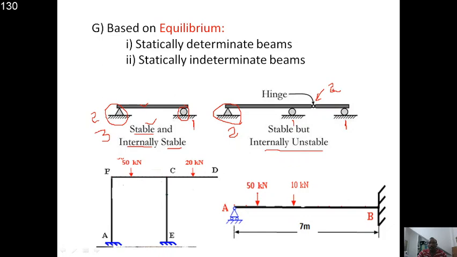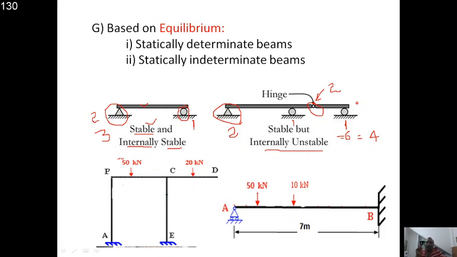Therefore total 2 plus 2, 4, 5 plus 6, like that we have the 6 unknown reactions. How many equations do we have? 3 basic equations: sigma Fx equal to 0, sigma Fy equal to 0, sigma M equal to 0. And in addition there is a hinge, therefore we have 4 equations available, right. So 4 equations are available.